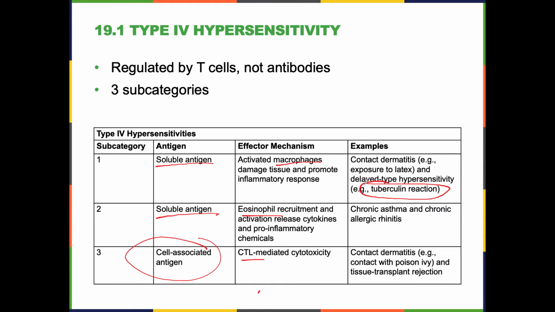So when they stick the little thing under your skin, what they do is inject the tuberculin. It's a protein from Mycobacterium tuberculosis that's immunogenic, right? And so when they stick it in you, what they're looking for is this hypersensitivity reaction, and it's a localized reaction.